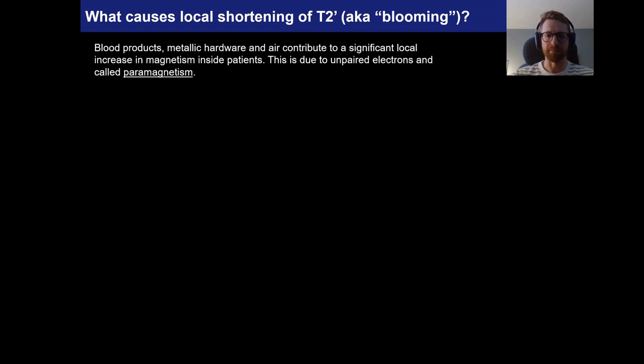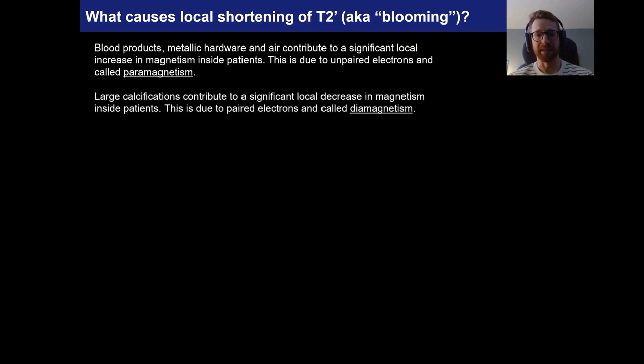That's paramagnetism. Diamagnetism has to do with paired electrons and usually is not a significant contributor to changing the magnetic fields locally. However, if you have large calcifications that are clustered, that can cause an effect. So large calcifications can contribute to diamagnetism.